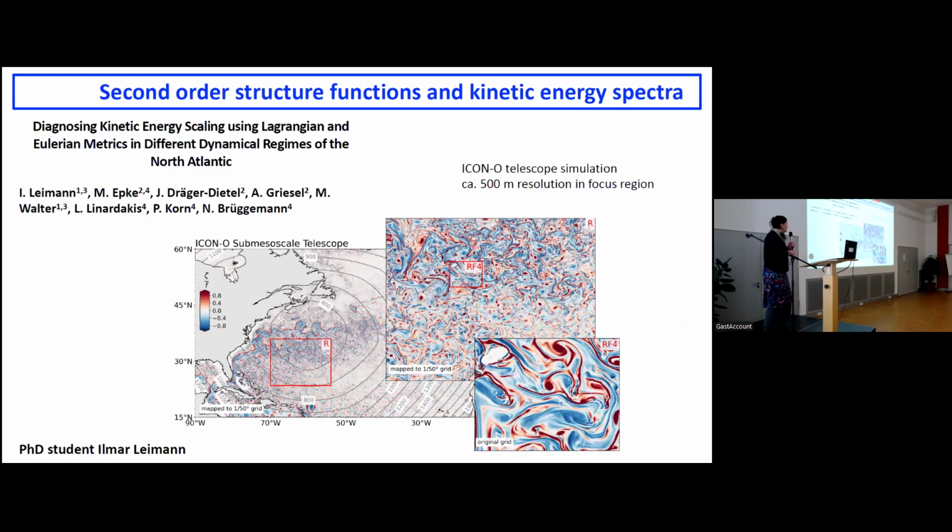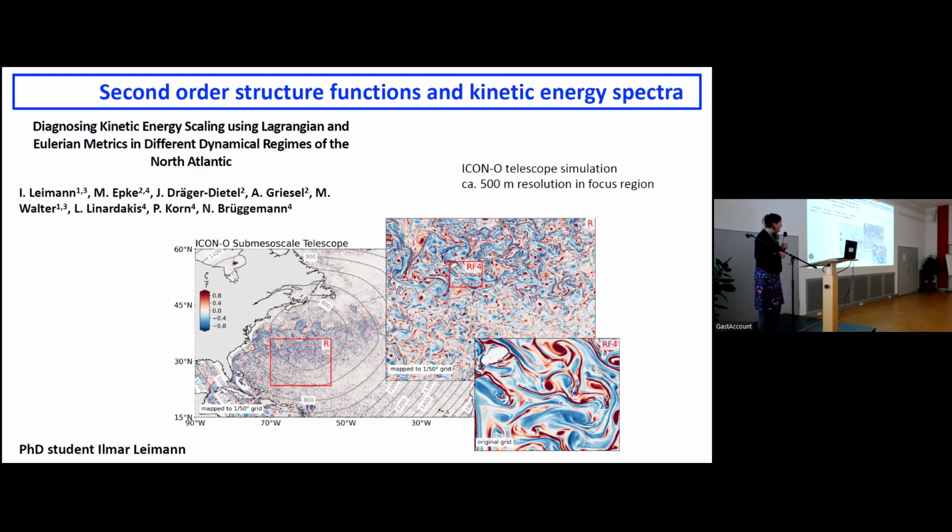Okay, so now the first part of this is we want to look at second-order structure functions and compare them to spectra. This is work that was done by Ilma, who's a PhD student. We are taking the ICON ocean submesoscale telescope simulation for the North Atlantic.